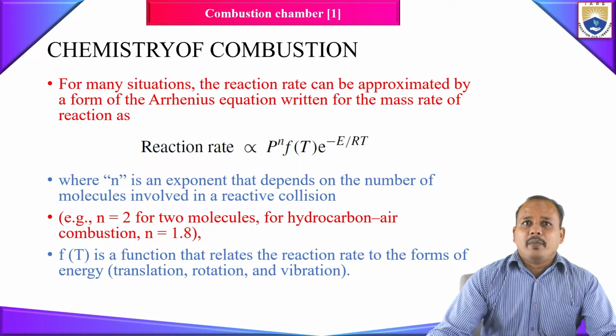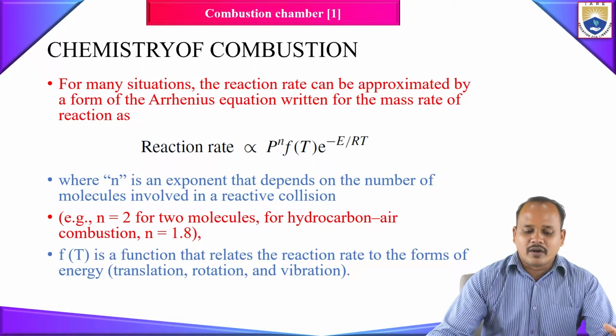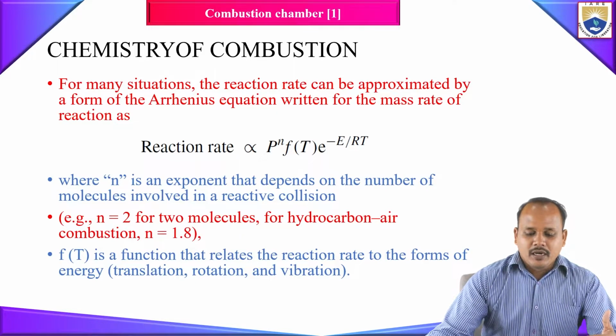P to the power n, where n is the exponent, depends on the number of molecules involved in the reactive collision. Air consists of different molecules, and when you inject the fuel, that fuel also has different molecules, so based on that you will have the collision rate. For hydrocarbons, the value of n is equal to 1.8.